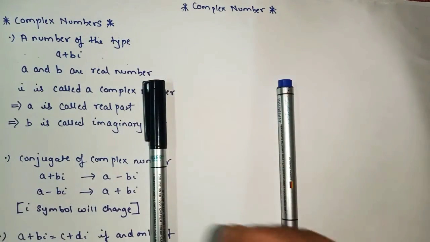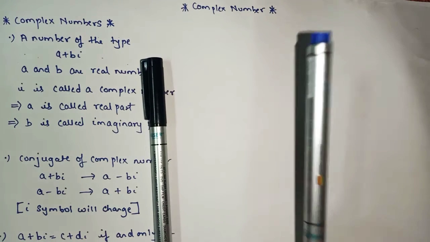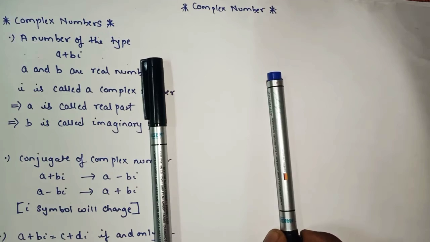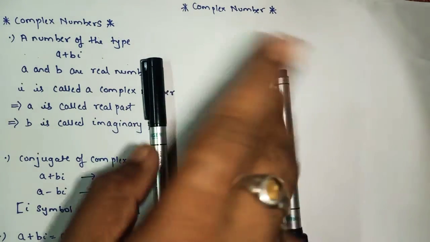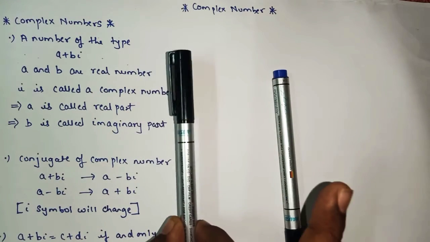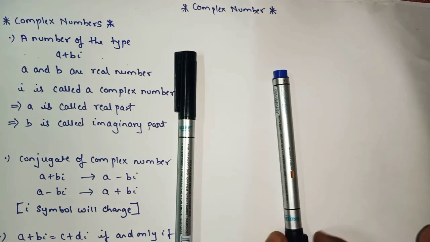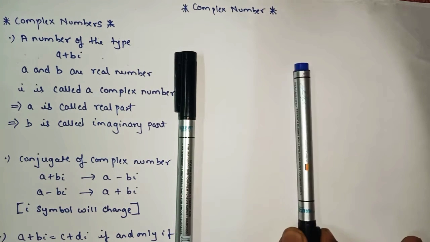All the numbers like even numbers and odd numbers come under the real numbers. And imaginary numbers are those in which complex numbers come. Complex and imaginary are directly or indirectly one and the same. So there are two types of numbers in mathematics, real and imaginary. So a complex number is an imaginary number.